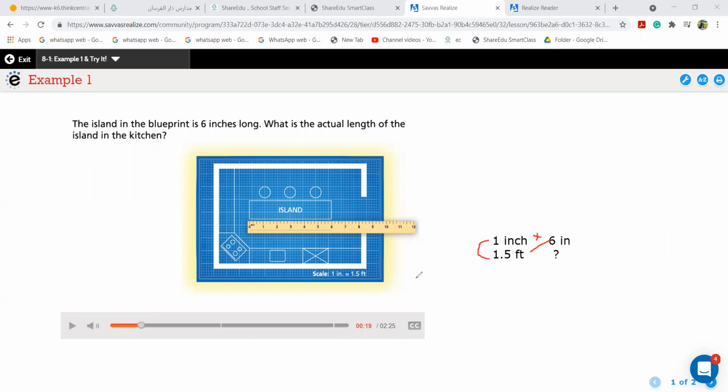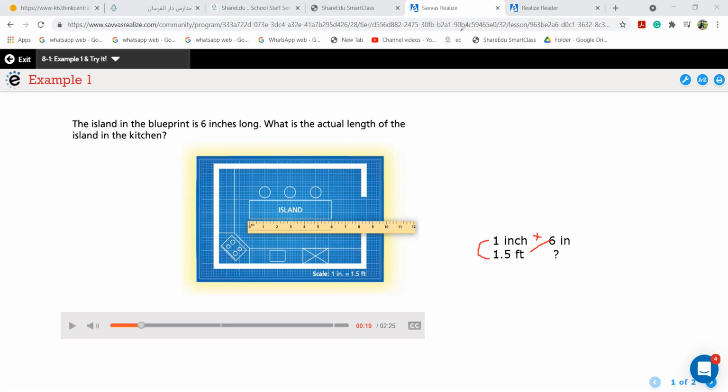So 1.5 times 6, if I go, I get something. For example, if I use a calculator, 1.5 times 6, so I have 9. So the actual measurement of the island is 9 feet.